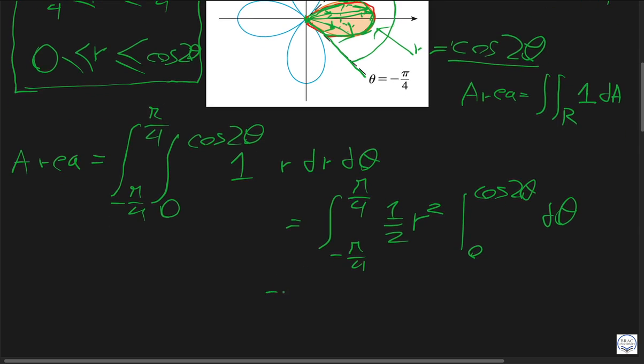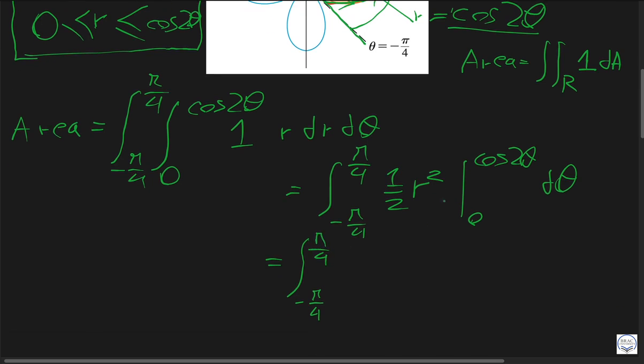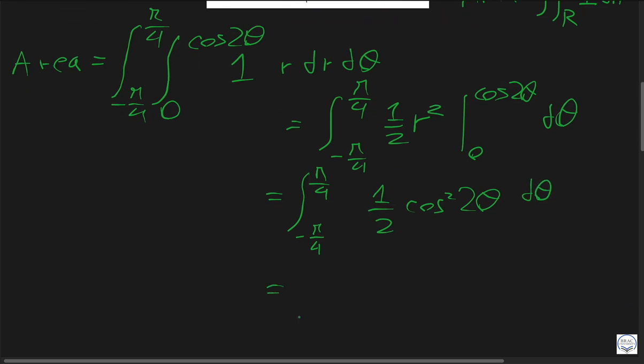This is the r limit, right? So we have, with pi by 4, half cos squared 2 theta minus half times 0 squared, which is 0, so times d theta. Now what is cos squared 2 theta?